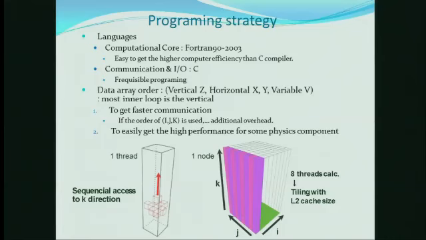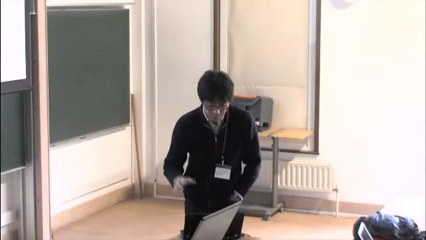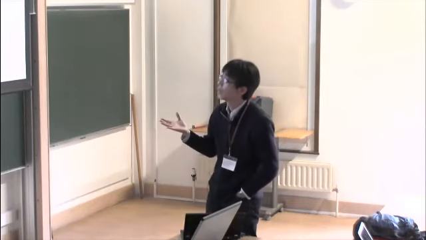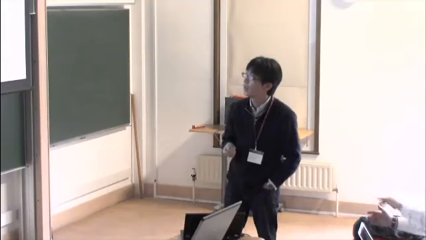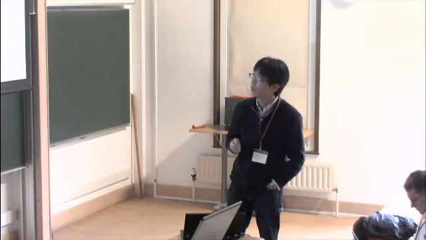And the data array order is K, I, J, so Z, X, Y, and so the innermost loop is vertical. To get fast communication, if the order IJK is used, additional overhead occurs.